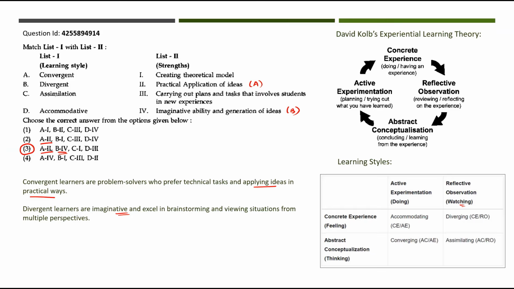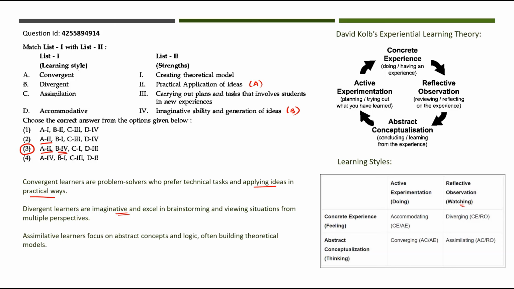The matching list is about the learning style and the strength of that particular style. So when you adopt that particular learning style, what kind of outcome you are getting is what you have to take. When you are using convergent learning style, you will find practical application of ideas. When you are a divergent learner, you try to view the situation from multiple perspectives and you generate ideas for every perspective.